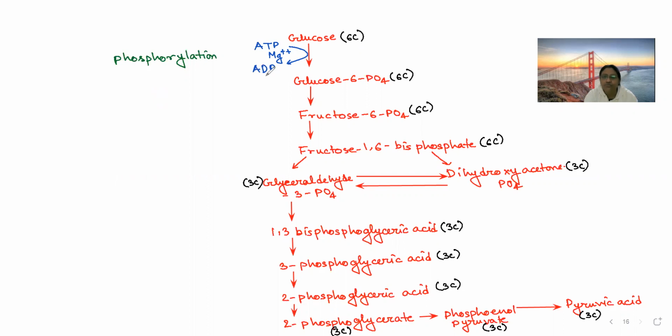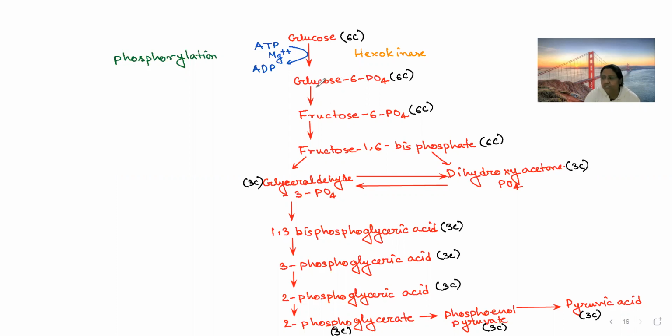Now I just wish to tell you that the enzyme which is responsible for this reaction is known as hexokinase. Very easy to remember this enzyme. Why? You know that glucose and glucose 6-phosphate both are hexose, isn't it? Because they have 6 carbon. And kinase word is coming from the energy. So that's why enzyme which is catalyzing this reaction is known as hexokinase.